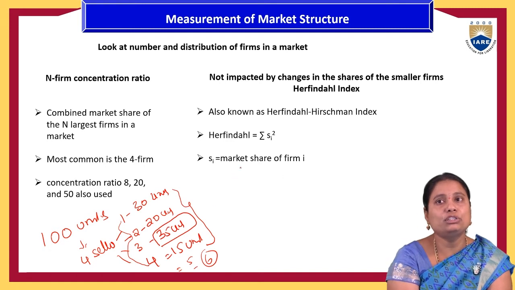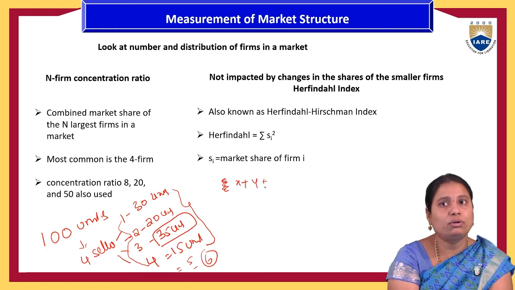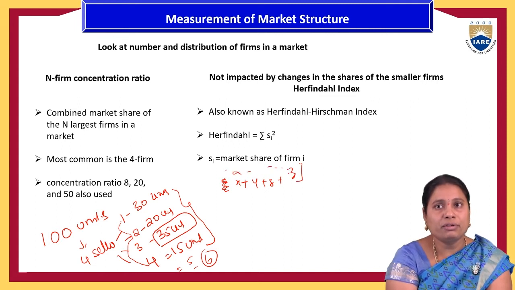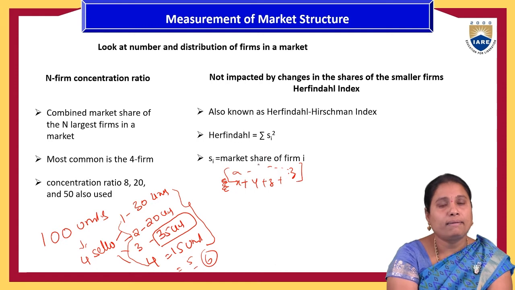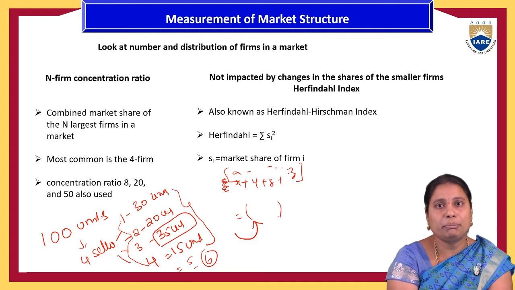That is the summation of the market shares of all the firms, that is X firms, Y firms, Z firms. So from A to Z, how many sellers are there? What is the market share, and how much impact they have on that market share can easily be identified with the measurement of market share.